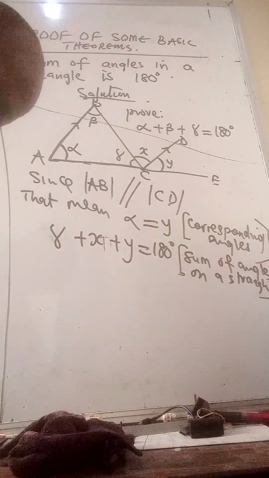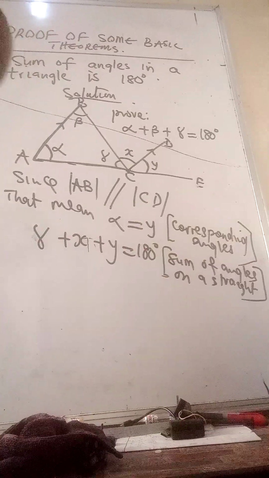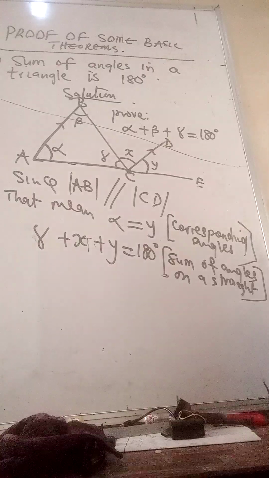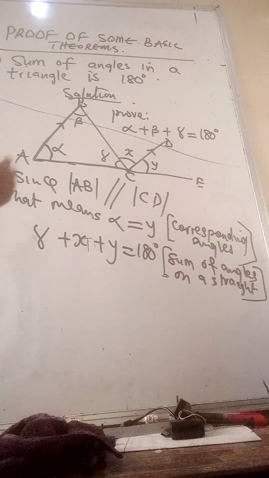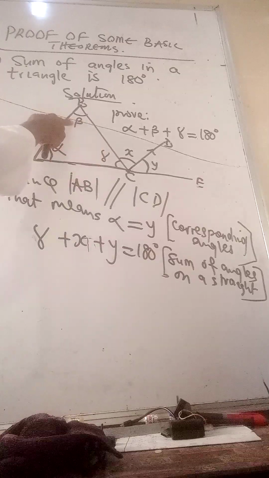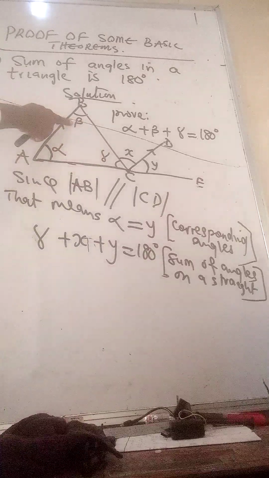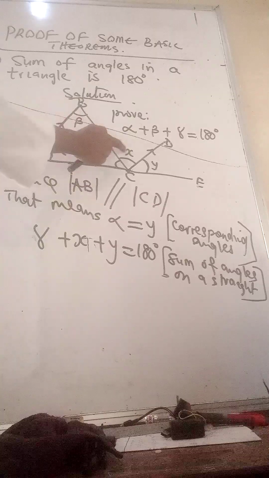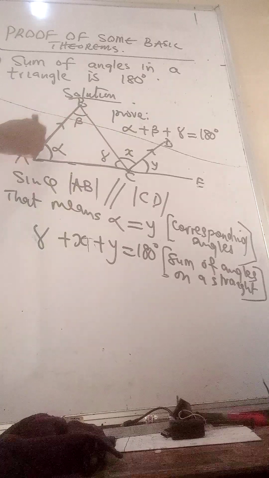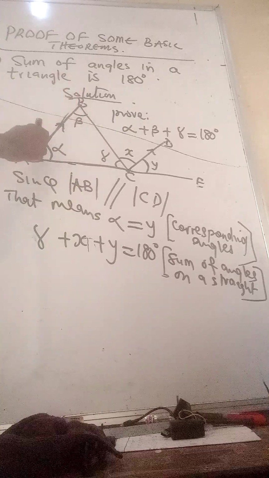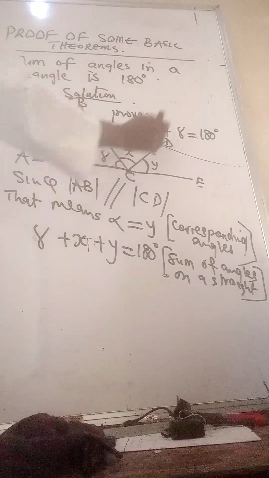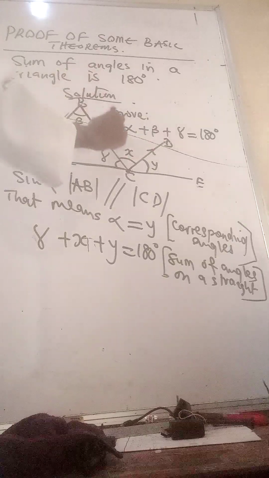Now, having done that, we can now say that angle beta, which is this angle, and angle X are also the same. If you look at it, this line AB is parallel to line CD, and it is line BC that connects them together.